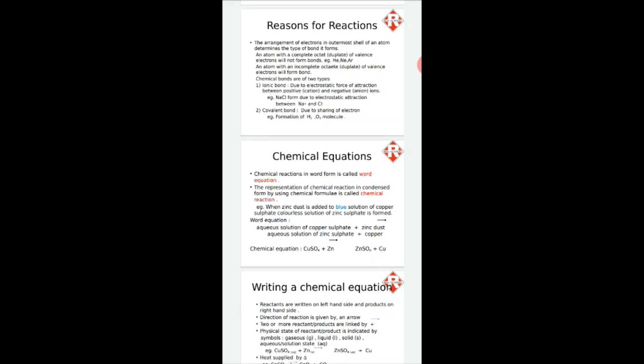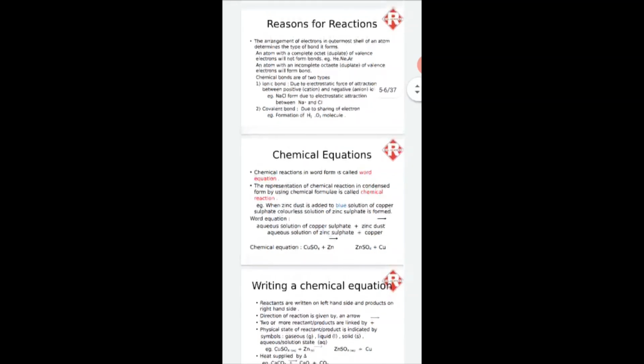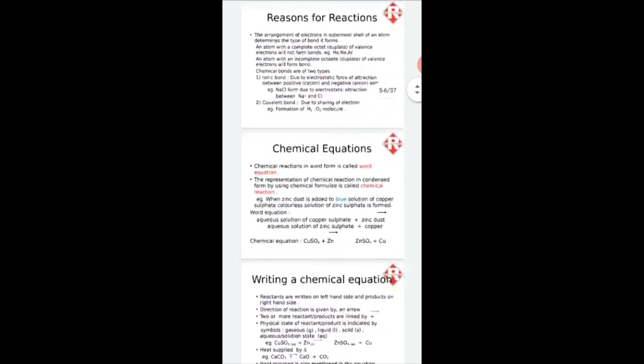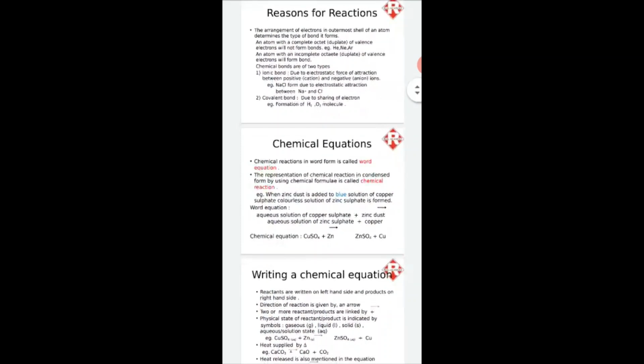Next, an atom with an incomplete octet or duplet of valence electrons will form a bond. If its octet or duplet state is incomplete, electrons are donated or gained, so a bond is formed. On this basis, chemical bonds are of two types.